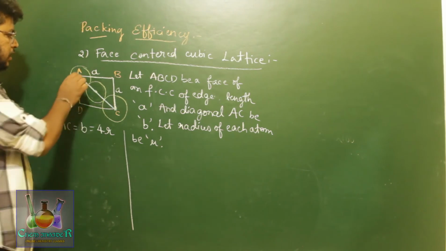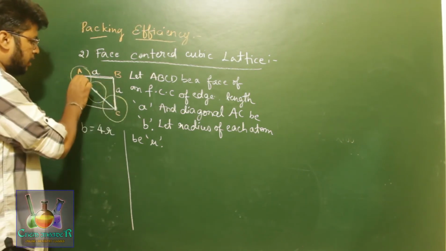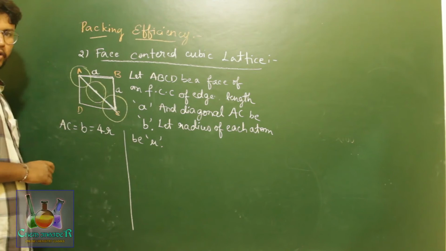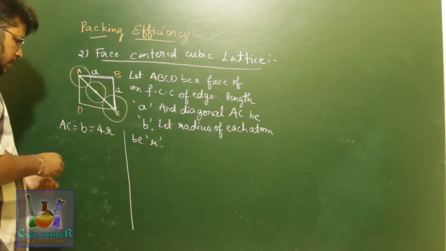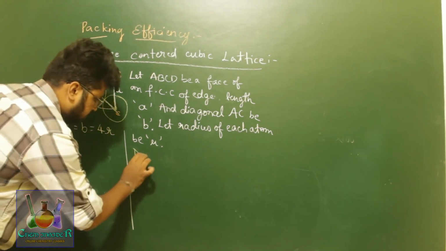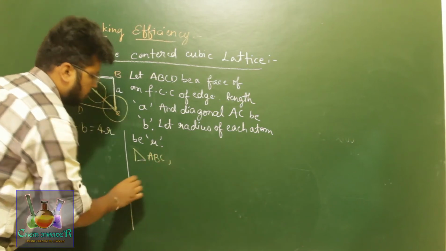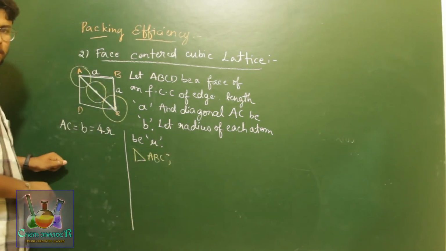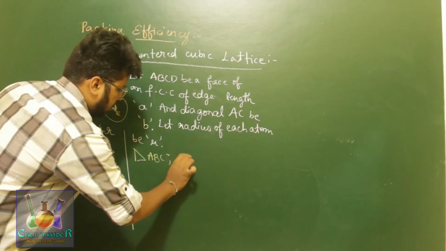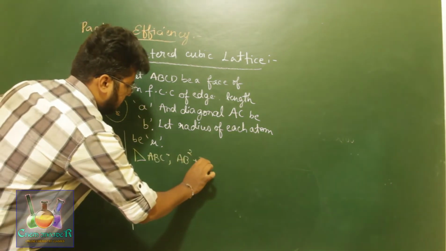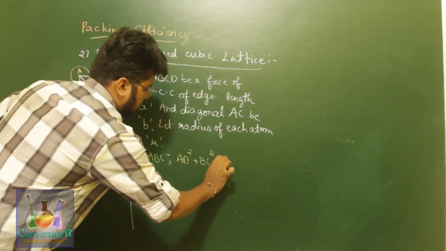Now from the figure, the triangle ABC is a right angle triangle. So for a right angle triangle ABC, we can consider the Pythagoras theorem, which states that AB square plus BC square is equal to AC square.